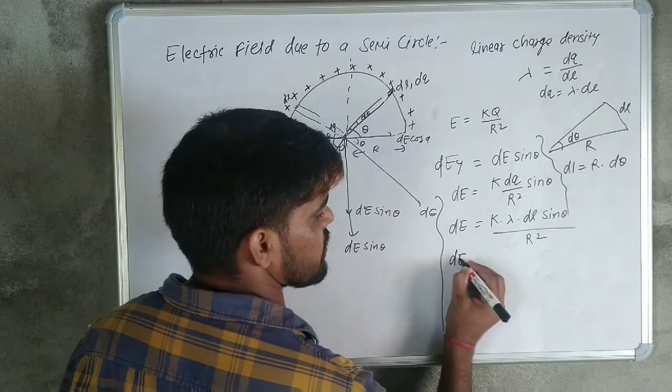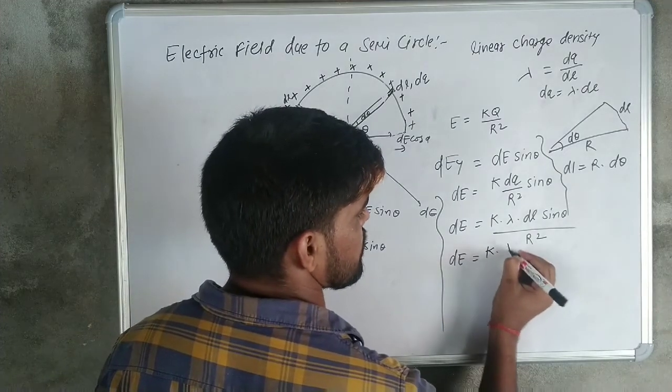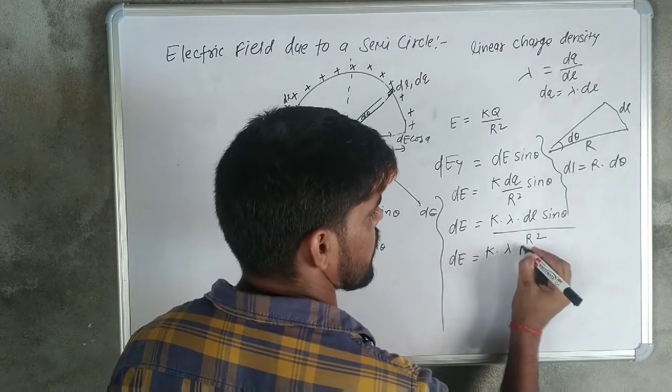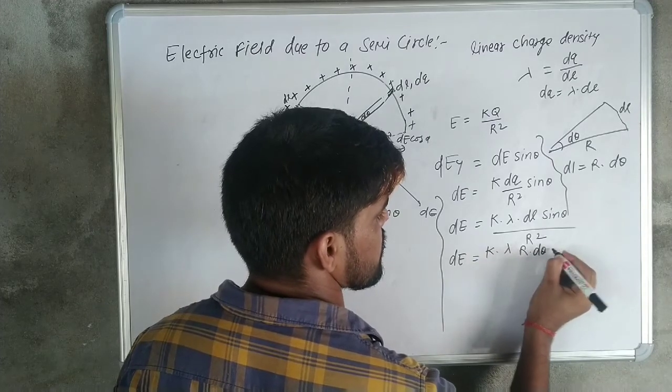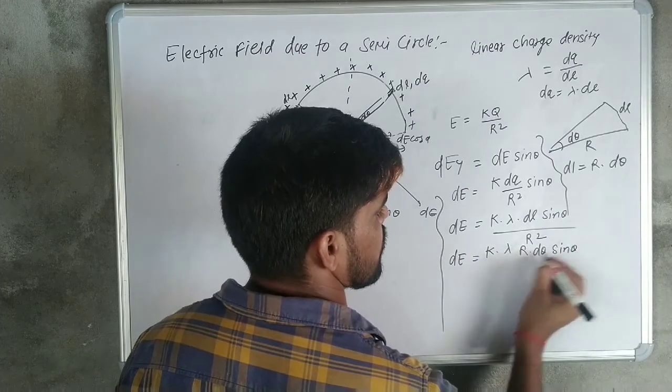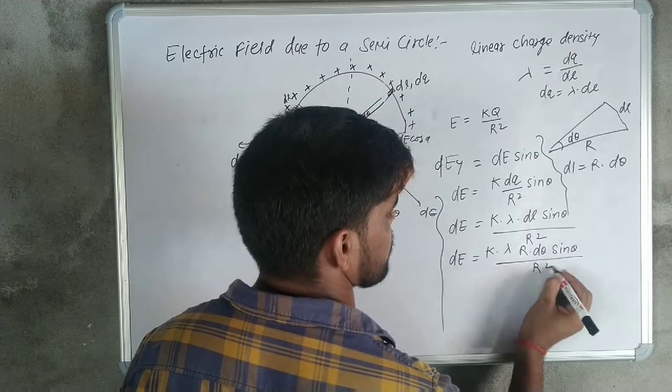Then dE is equal to k into lambda into r into d theta into sin theta upon r square.